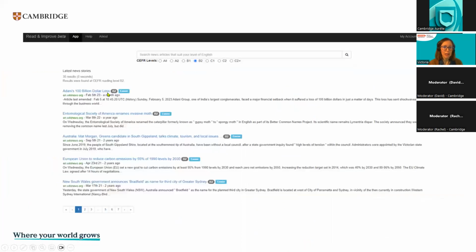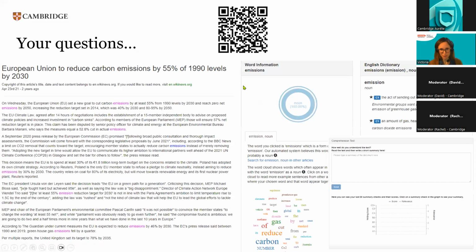And the texts have an indication of the level, the CEFR level. Okay, so you can get a text that is suitable for your level. And if you want to access this tool, it is here. You will need to register for Write and Improve and use the same logins. Everything is explained on the website. But if you have any questions, let us know.